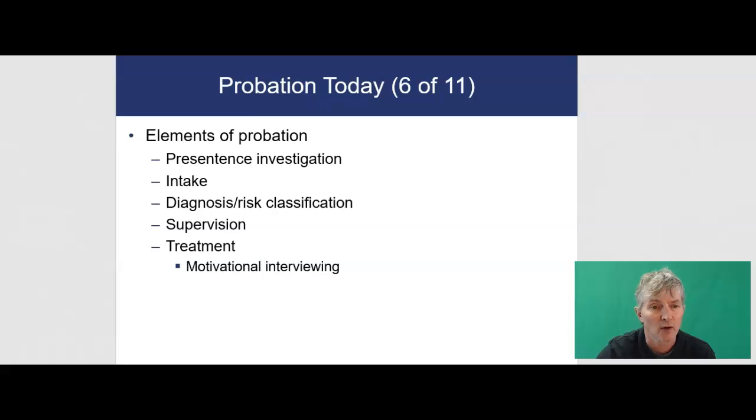Diagnosis or risk classification is a more in-depth process whereby the offender is evaluated to determine the appropriate treatment mode. Supervision, of course, is a major part of probation. This is a general process whereby the probation officer decides how he will monitor the probationer's behavior.